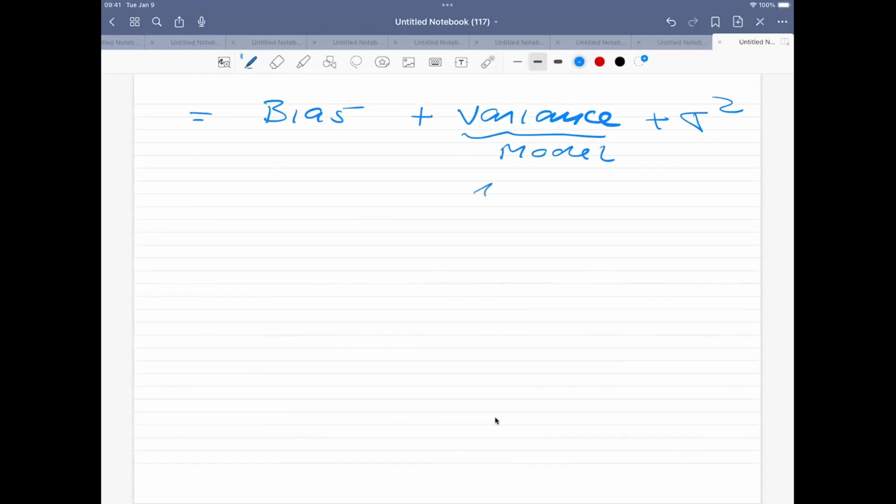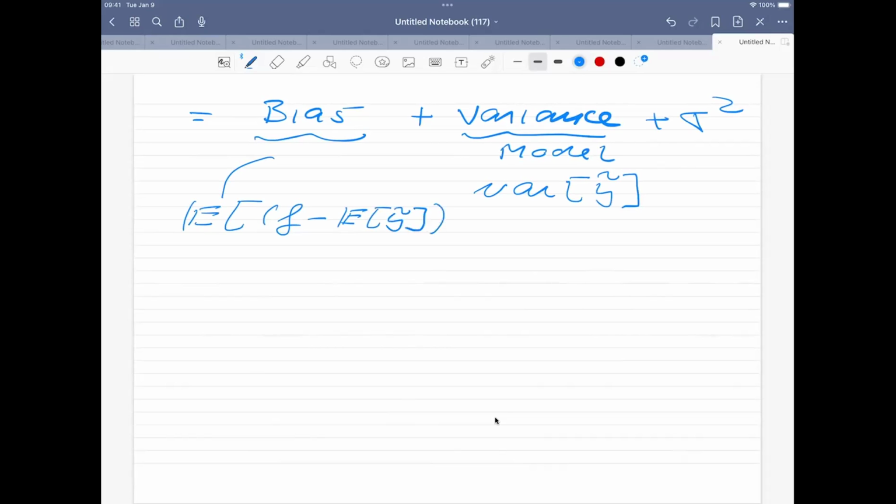So what you have then is this term, the variance of y tilde. This term here is now given by the expectation value, when we collect it, of f minus the expectation value of the model. And this is called the bias.